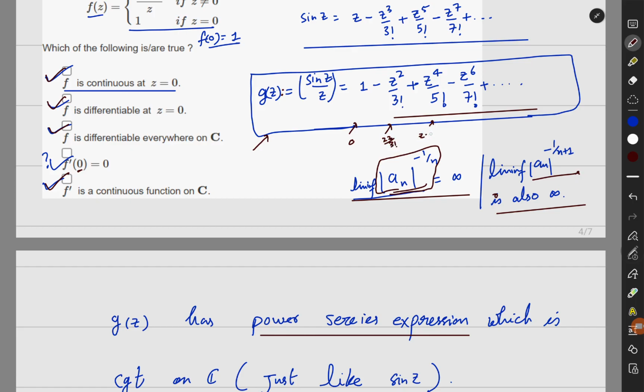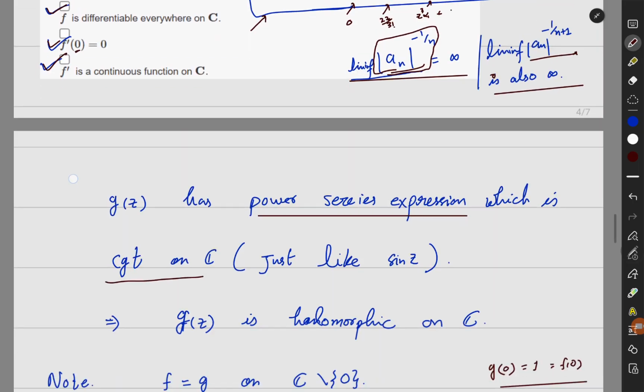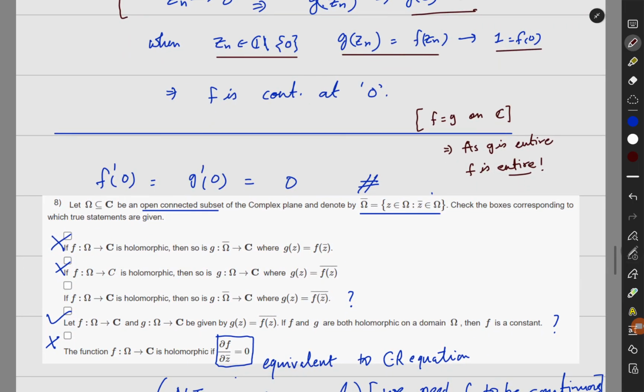Z into something, z into alpha something, I am not writing the coefficient, again z square or z cube, something like this. When you put z equal to 0, everything becomes 0, so this is also correct, okay. So this is also correct, right.